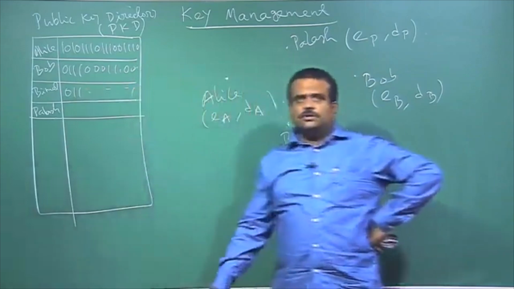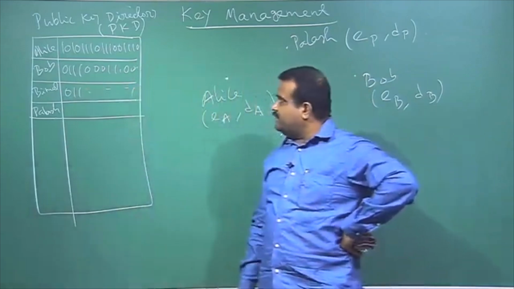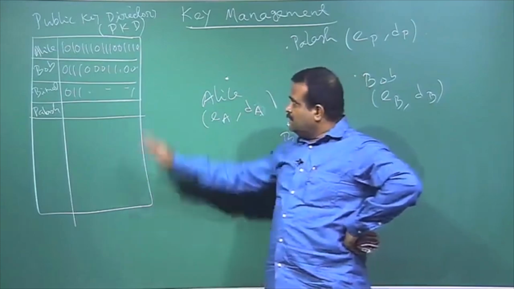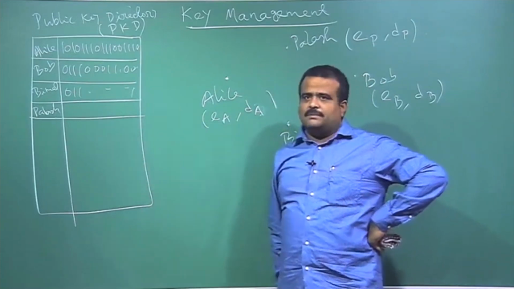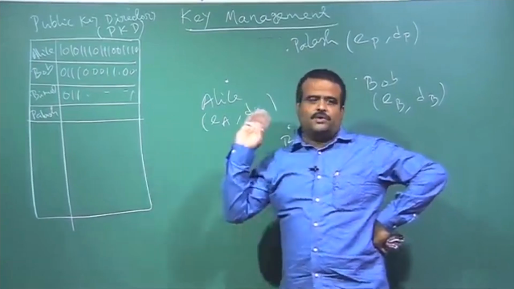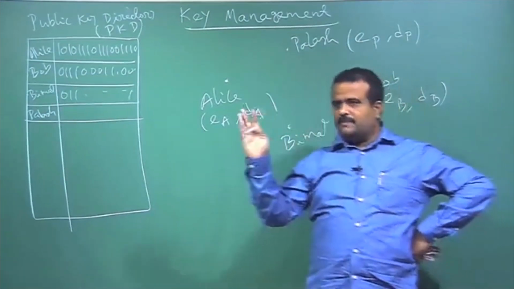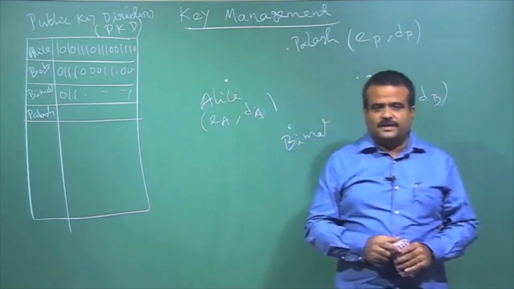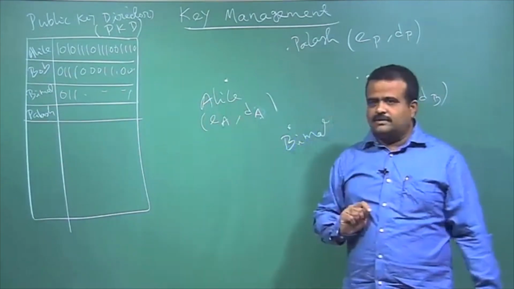So, we will maintain this directory, which is called PKD, public key directory. Now, suppose this directory is available on a public domain, for example, it could be a website. In a public website, we keep this directory, this file, maintained.